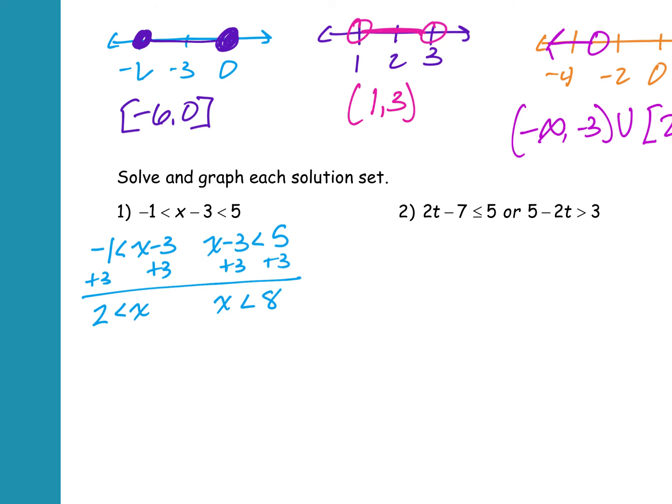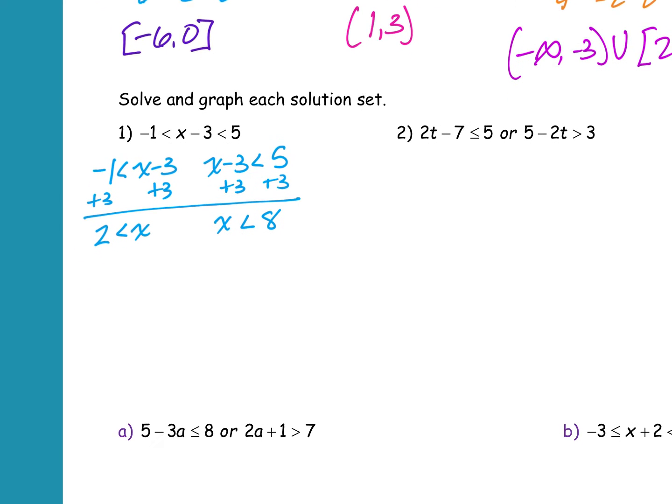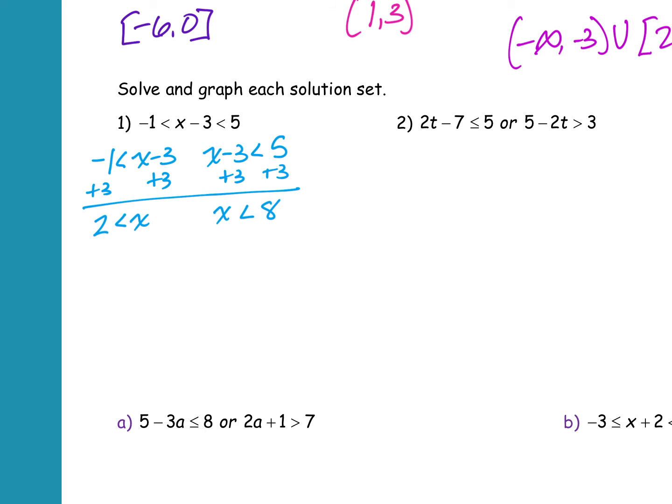The other way is if I just take the original equation that was given to me, which says negative 1 is less than x minus 3, which is less than 5, right? These inequality signs are kind of like equal signs, right? So I have 1 and I have 2.